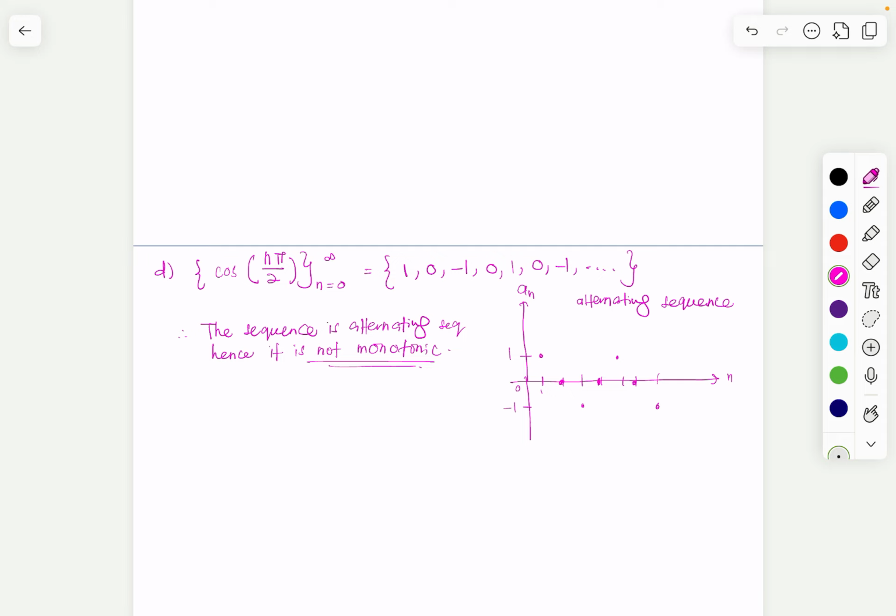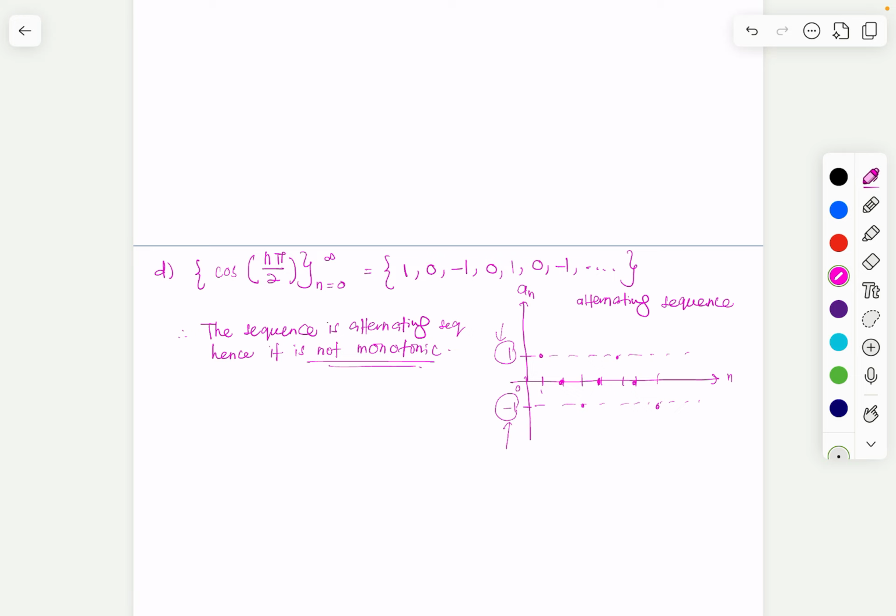If you look at this graph, the value of a_n is just either 1, 0, or negative 1. So the highest value is 1, and the lowest value is negative 1. So you know it is bounded above by 1 and bounded below by negative 1. So 1 is the upper bound, negative 1 is the lower bound.